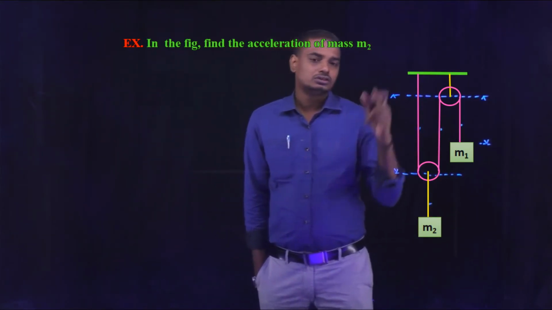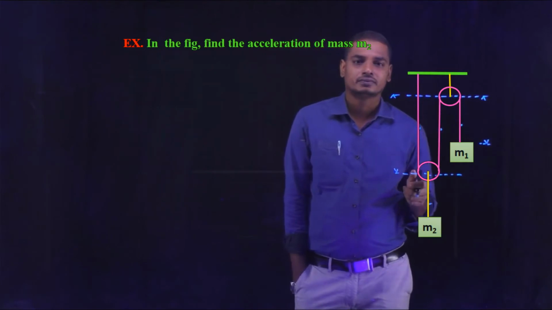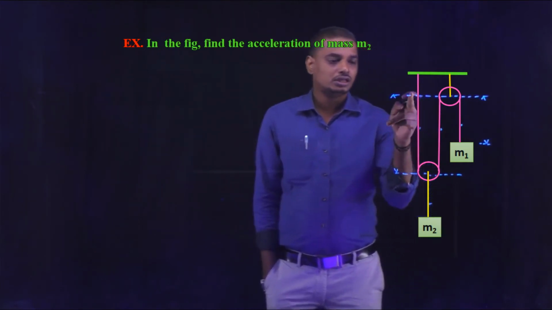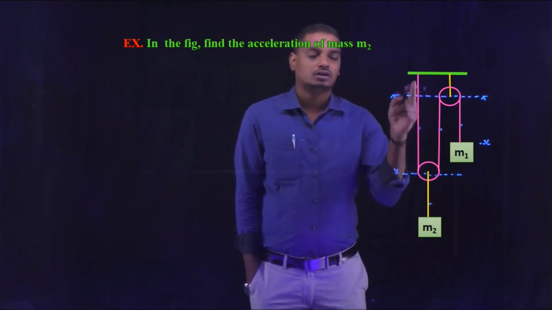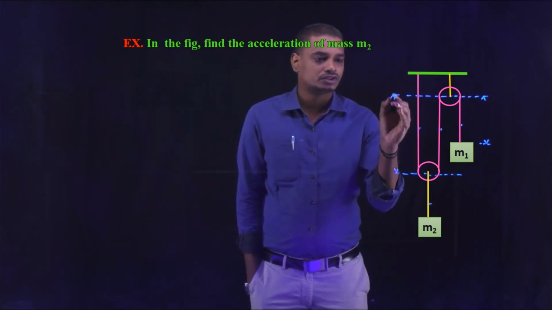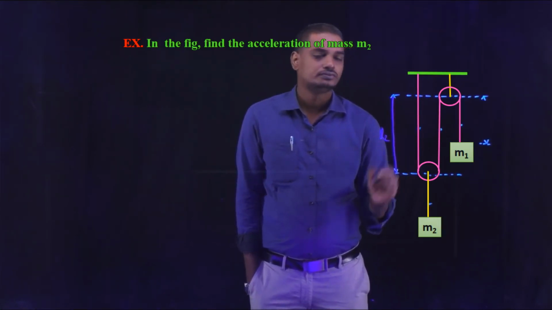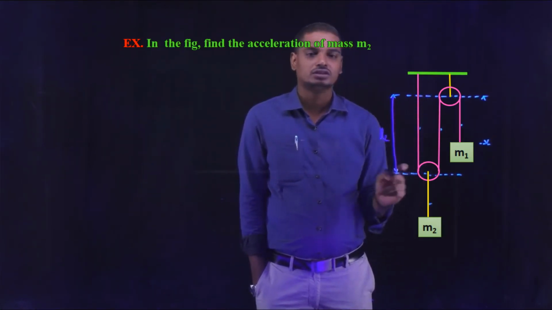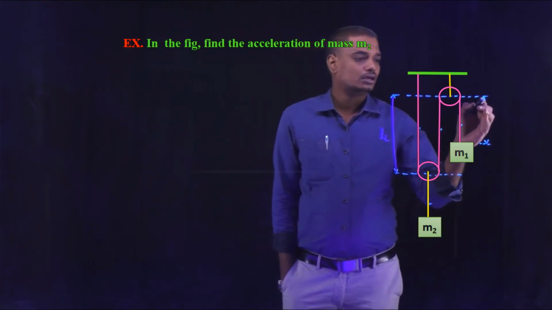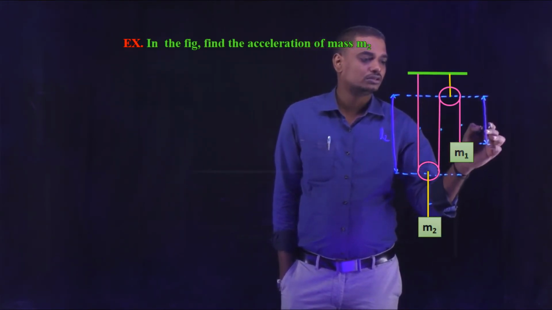Here, this is the total string. Let the length of this part of the string, which goes to block m2, be L2, and the length of this other part of the string be L1.